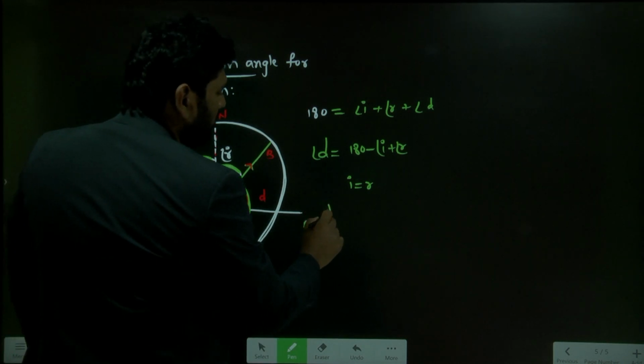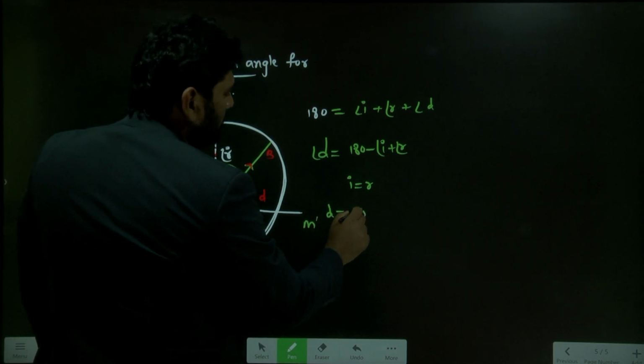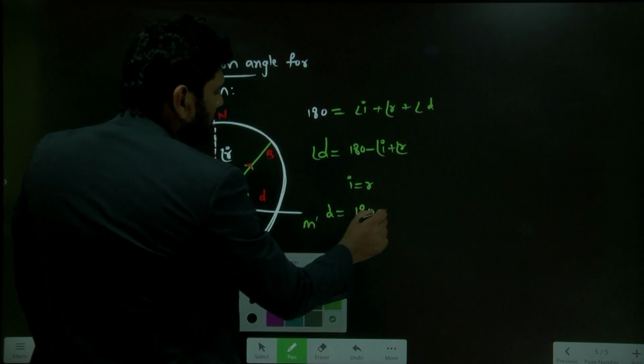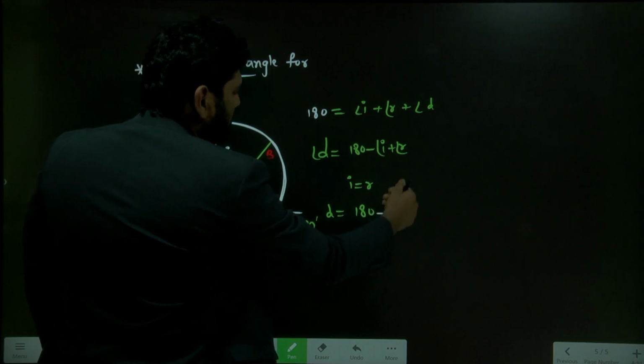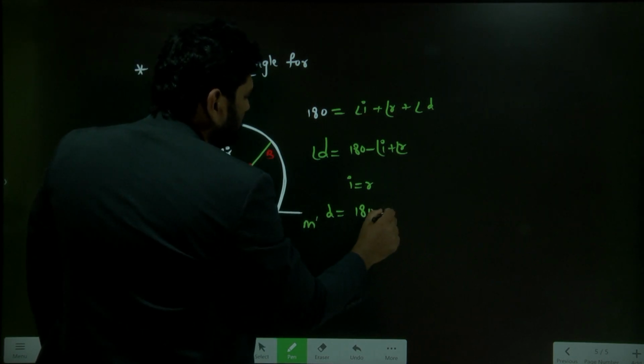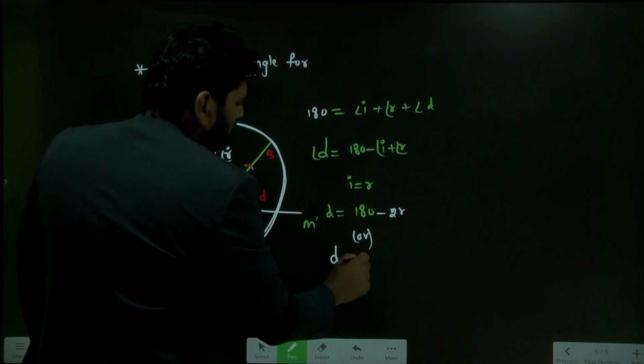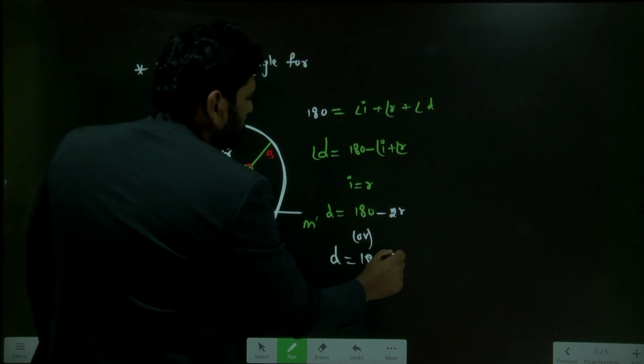So you can write deviation angle is equal to 180 minus 2r, or deviation angle is equal to 180 minus 2i.